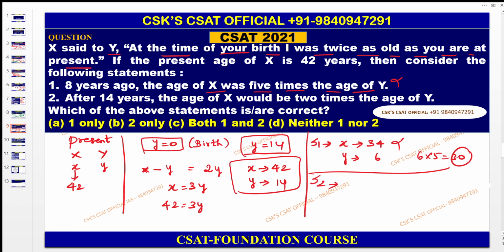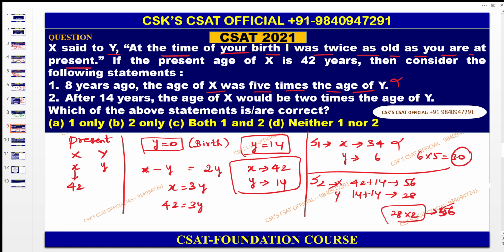So statement number 2, let us take. After 14 years, right? 42 plus 14, 14 plus 14, which is equal to 56 here, then 28. Now read it carefully. After 14 years, the age of X would be twice. So 28 into 2 is nothing but 56.